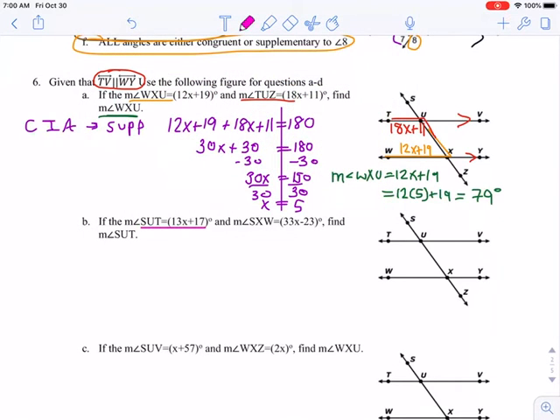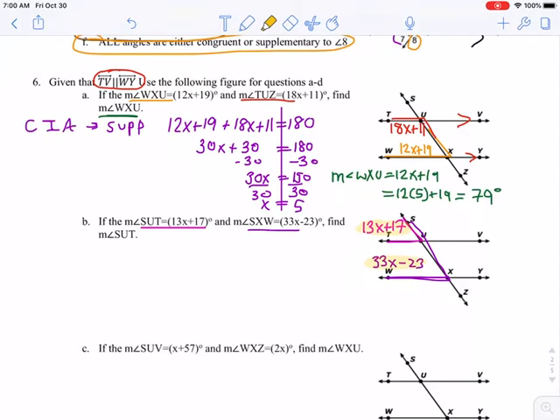Okay, now let's just cruise right along. SUT is 13x plus 17. I think I said 7. And the other one is SXW. It's this angle right here, 33x minus 23.